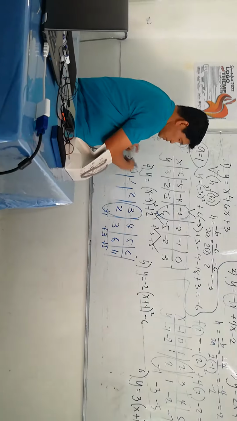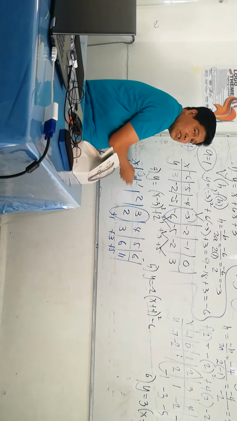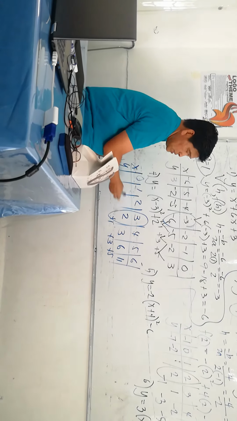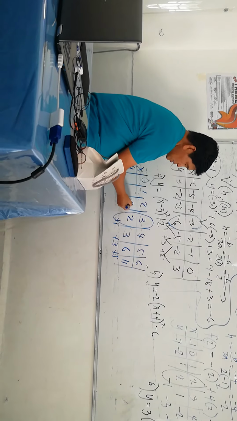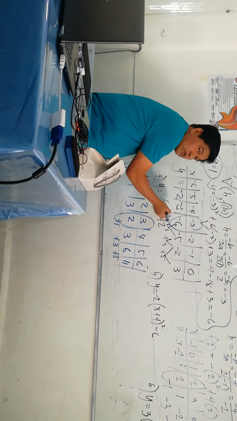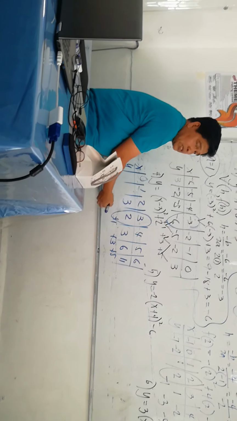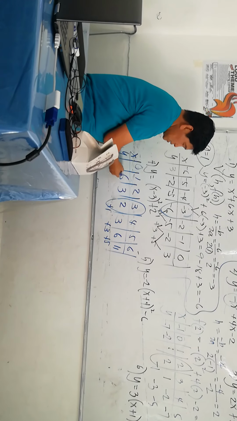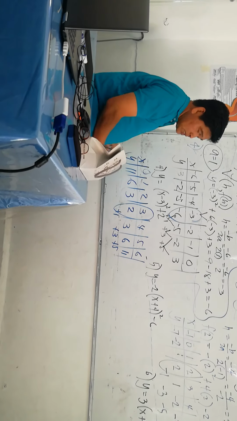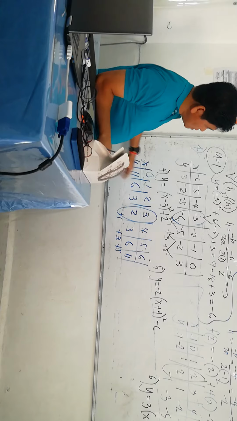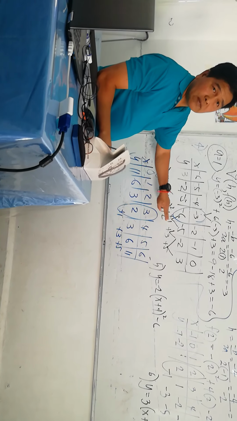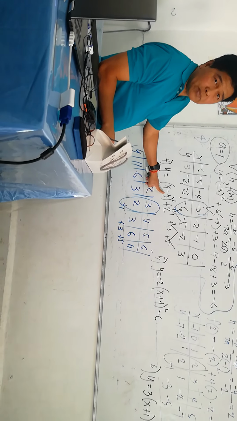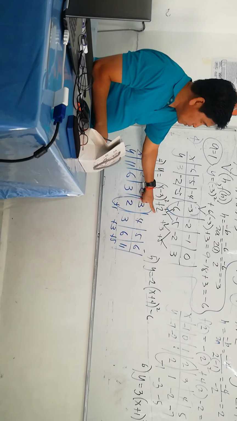Okay, so no need for you to solve again to the other side of the table of values. Just reflect. So since you already identified your axis of symmetry, 3, 6, and then 11. As I told you again, if you're going to add, okay, this is not in the standard form. But if you square negative 3, that is equal to 9 plus 2 equal to 11.